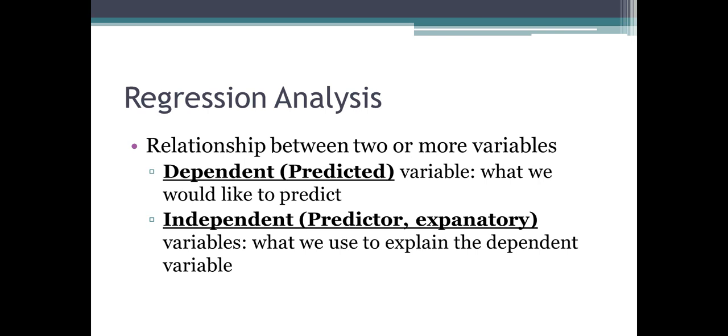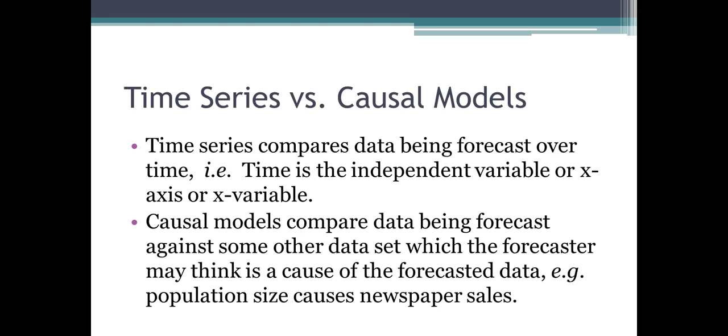So we have this tool, and sometimes we use it with time t itself being the independent variable, put on the x-axis in Excel, the column on the left when you make a scatter plot.